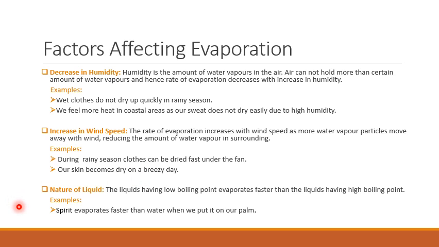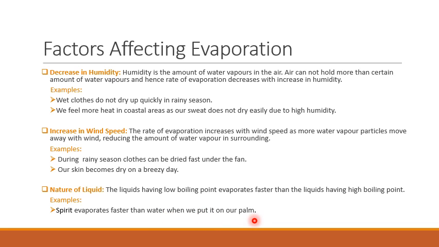Now let's see the next factor, that is the nature of liquid. Different liquids have different boiling points. So the liquids which have low boiling point evaporate faster than the liquids having high boiling point. For example, spirit or perfume evaporate faster than water when we put it on our palm.